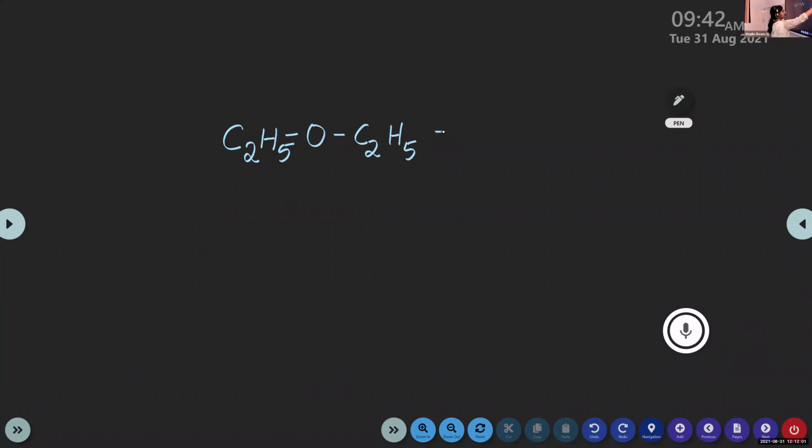Write down the IUPAC name and common name of this compound. Both IUPAC name and common name. This one also.